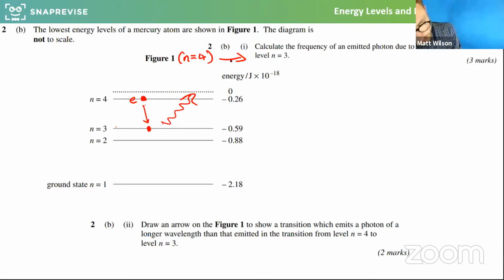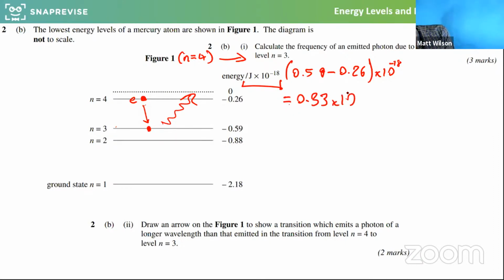So the change in energy between level 4 and level 3 is given by 0.59 minus 0.26. And at the end, we need to make sure we get the right units, which is times 10 to the minus 18 joules. So 0.59 minus 0.26 gives us 0.33 times 10 to the minus 18 joules.